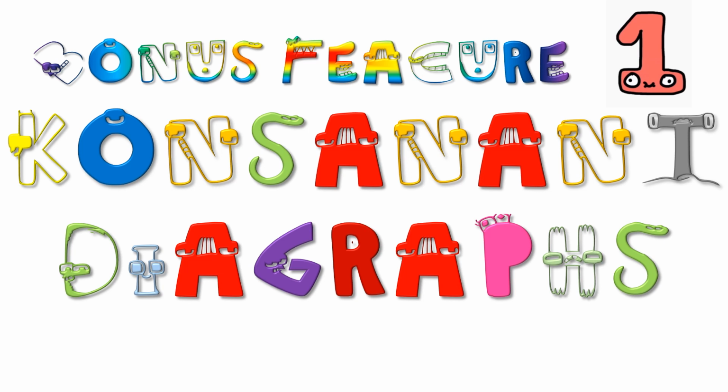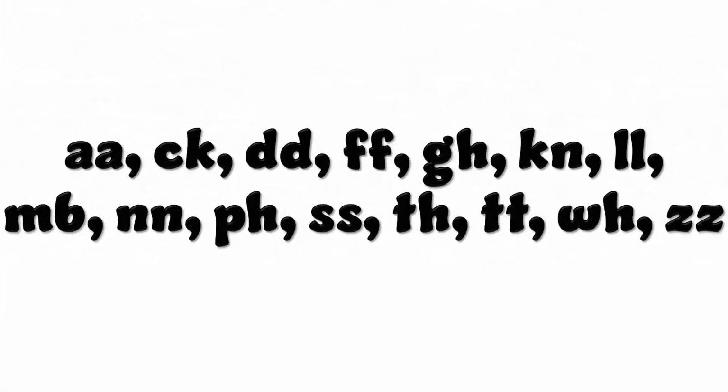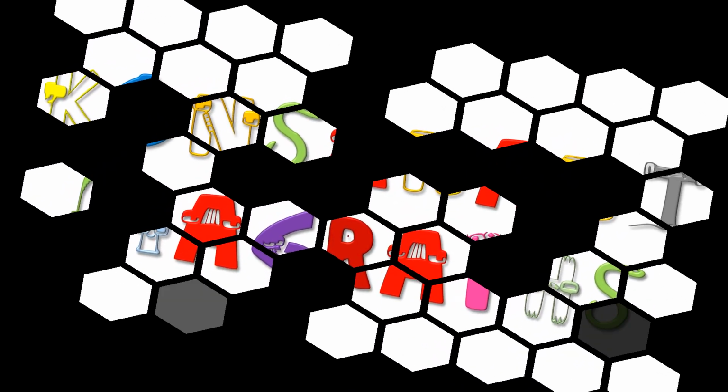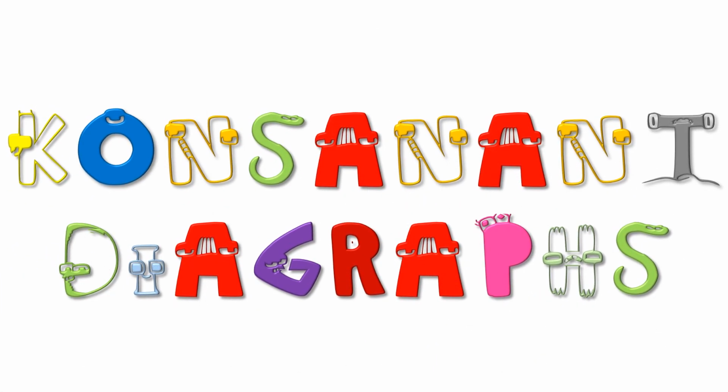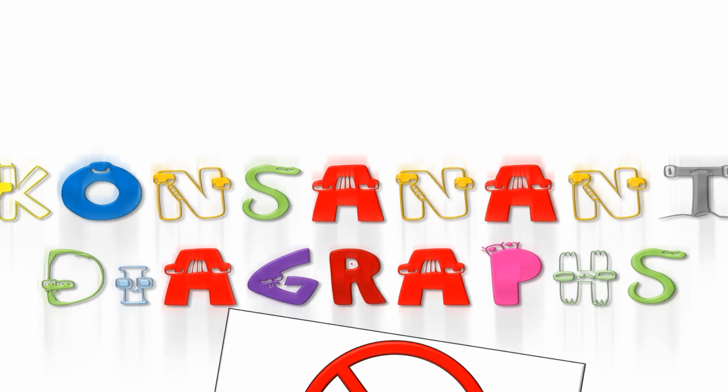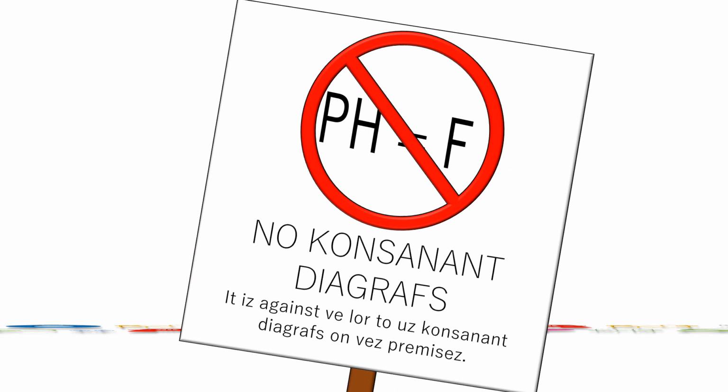I'm talking about things like CK, DD, GH, KN, LL, MB, PH, SS, TH, TT, WH, and ZZ. So, these consonant digraphs are extremely annoying. There's even a digraph PH in the name, which is why I'm going to remove them from English.